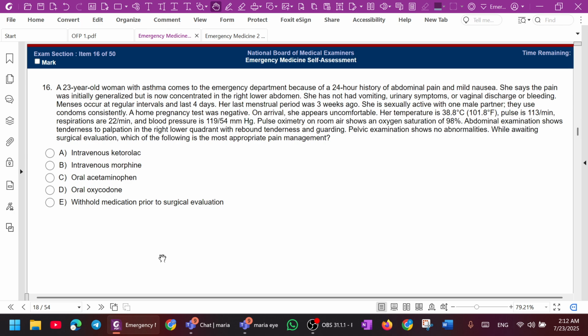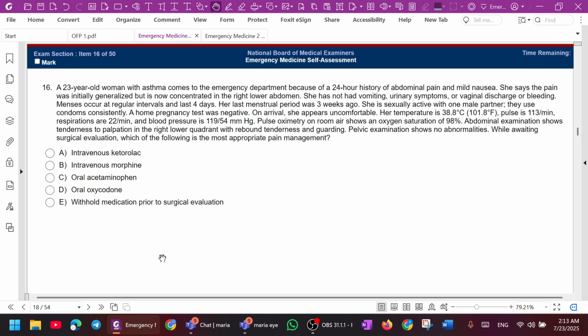A 23-year-old woman with asthma comes to the emergency department because of a 24-hour history of abdominal pain and mild nausea. She says the pain was initially generalized but is now concentrated in the right lower abdomen. She has not had vomiting, urinary symptoms, vaginal discharge or bleeding. Menses occur at regular intervals and last 4 days.